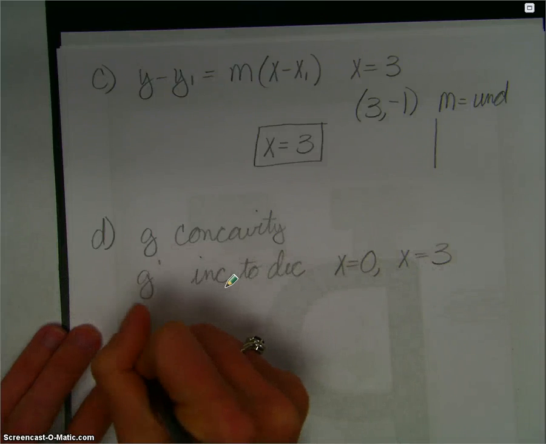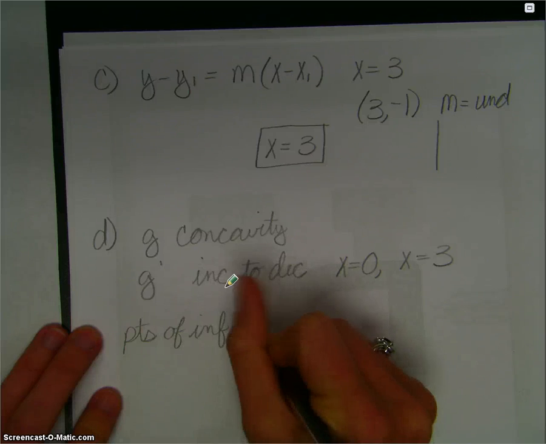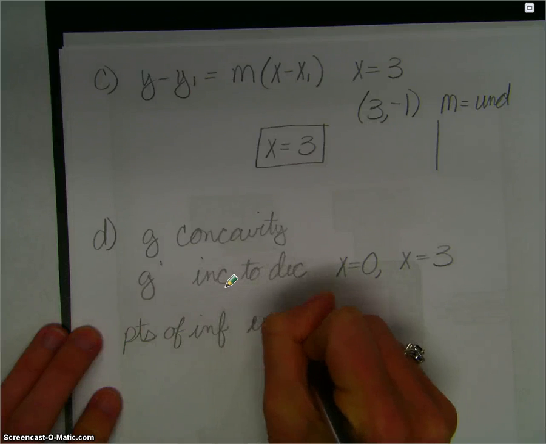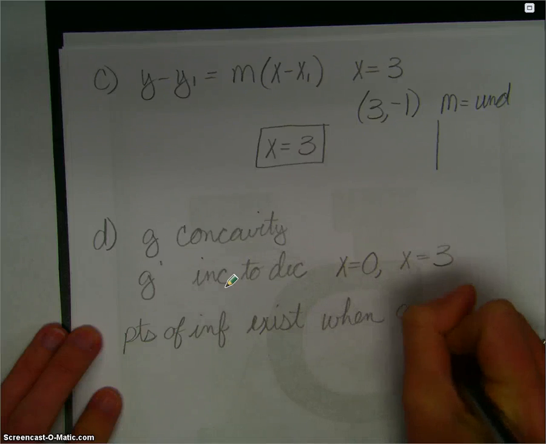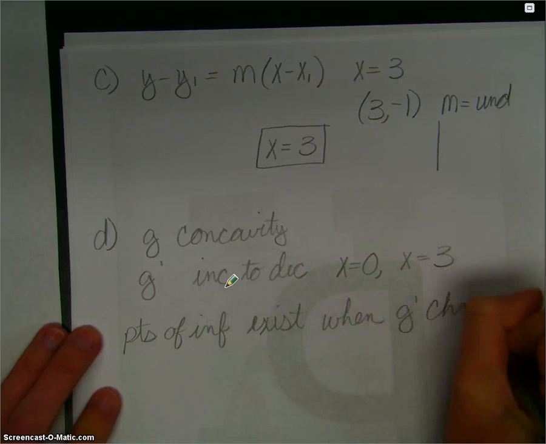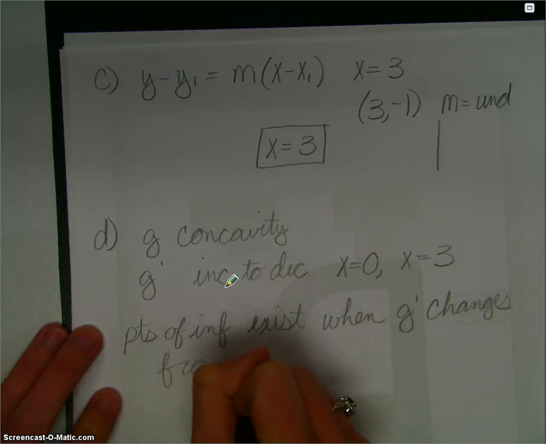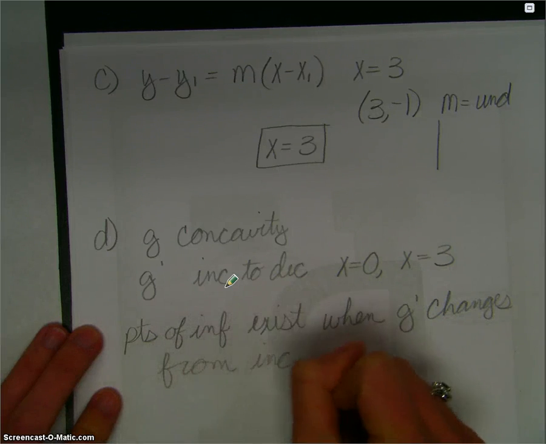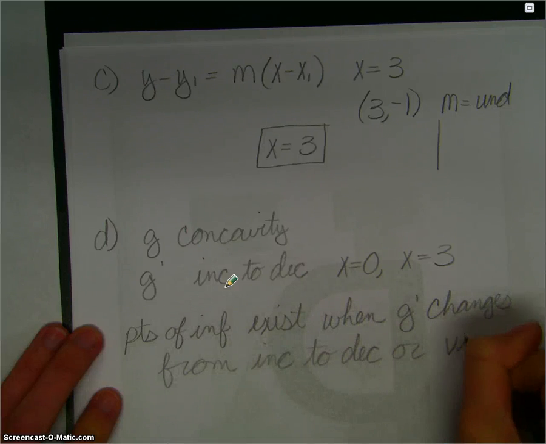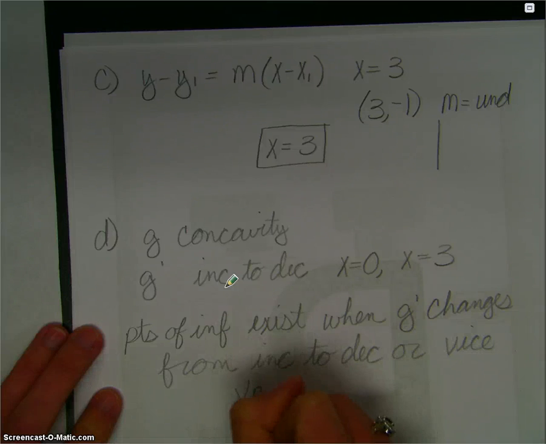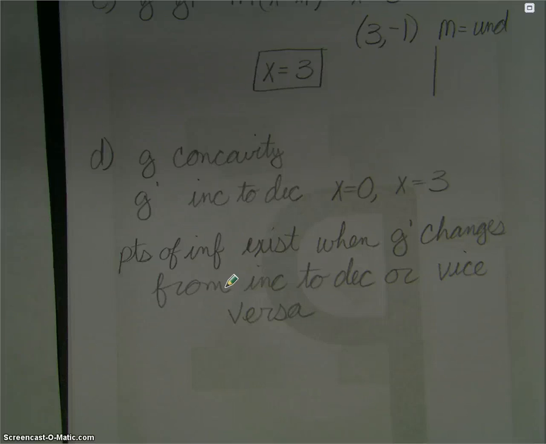So I'm going to say that points of inflection exist when G prime changes from increasing to decreasing, or vice versa. And that would be a good justification for that.